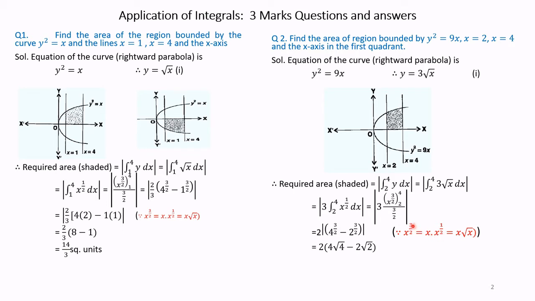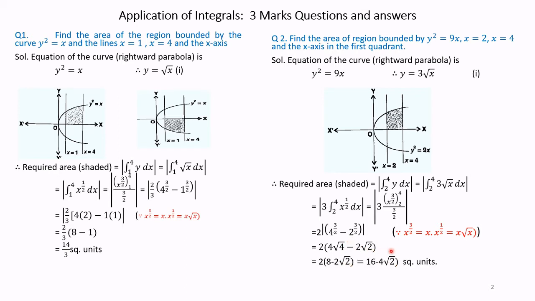That is, 3 by 2 is 1 and a half, so it can be written as 1 into x to the power of half, that is x root x. So we can write it as 4 root 4, that is 4 to the power of 3 by 2 can be written as 4 square root of 4, minus 2 square root of 2.